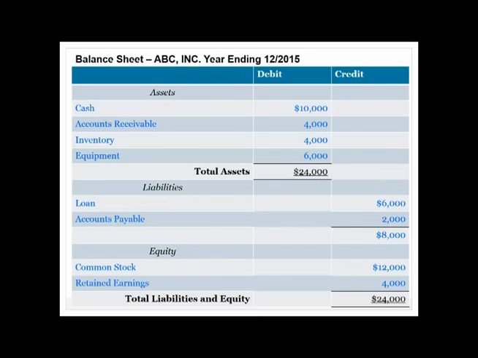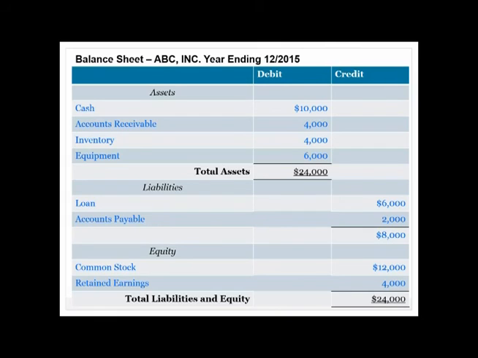You have receivables of $4,000, an inventory of $4,000, and equipment of $6,000. The same goes for your liabilities. And again, the retained earnings is the only cumulative number in the balance sheet and does reflect the profits and losses of your business over time. And again, the debit and credit columns do equal. So your total assets are $24,000, your total liabilities are $8,000, and your equity is $16,000, which equals $24,000.